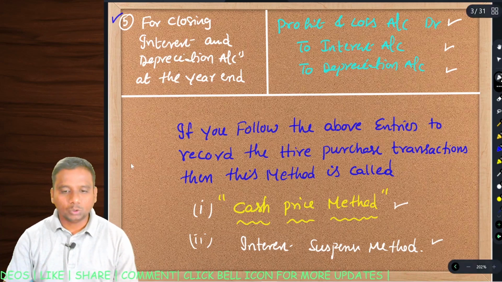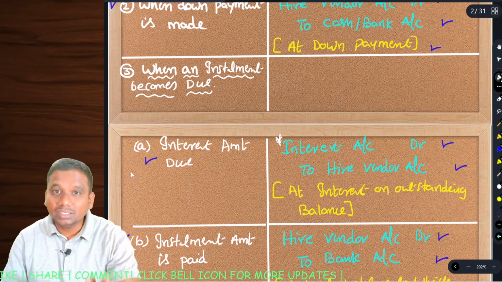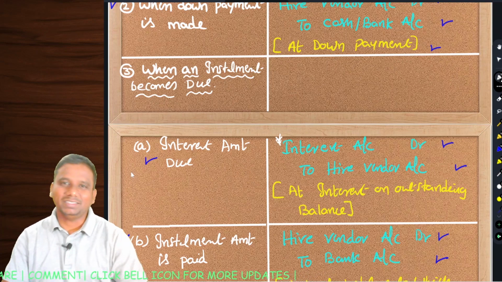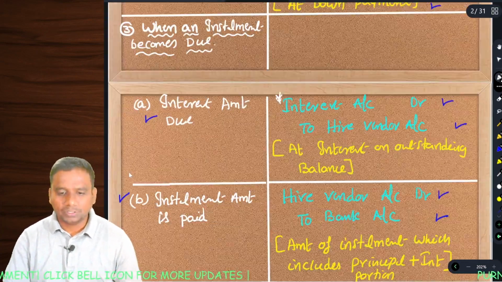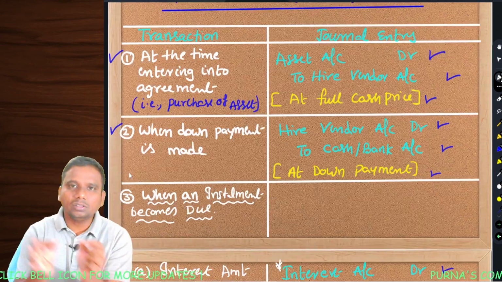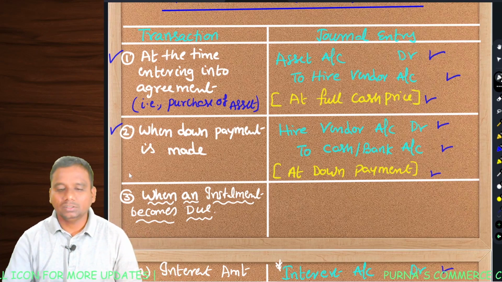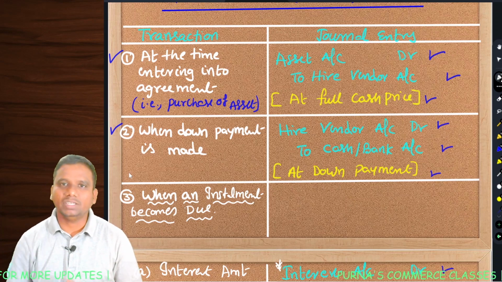Do remember, if you record the above 5 entries, this method is called the cash price method. Next, to record the entries, first we need the date of the transaction, after that the entry. Transactions we have, entries also we have.